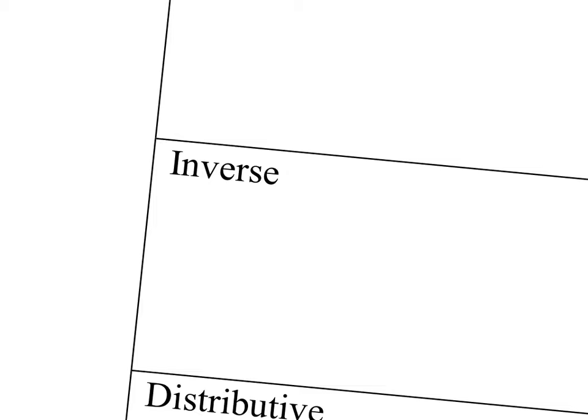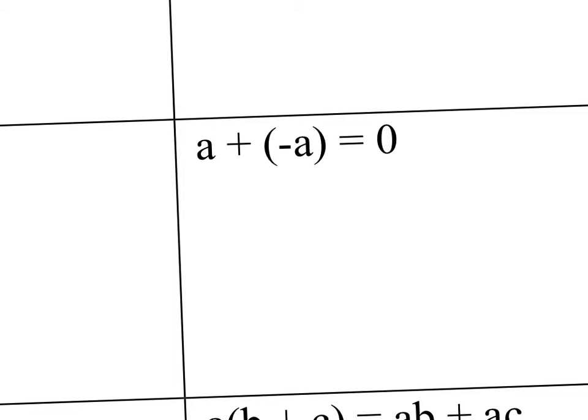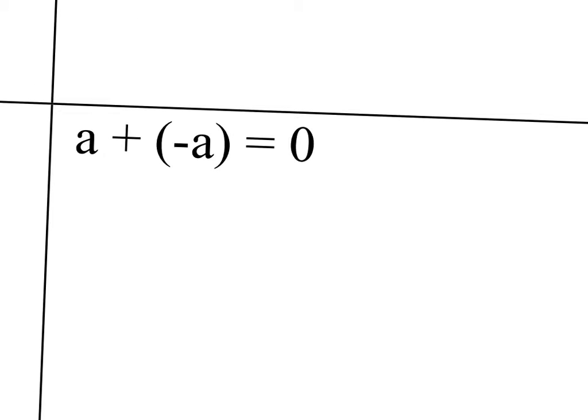If I am adding by 2, how do I undo that? I would subtract by 2. So you would add or subtract by the same number. If I add 5 and you want to undo that, you would subtract 5. If I subtract 5 and you want to undo that, you would add 5. So you automatically lead to 0. If you are undoing addition, it's going to end up to be 0.